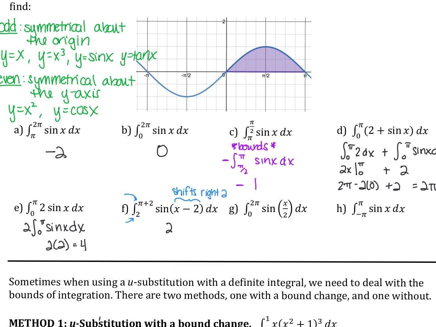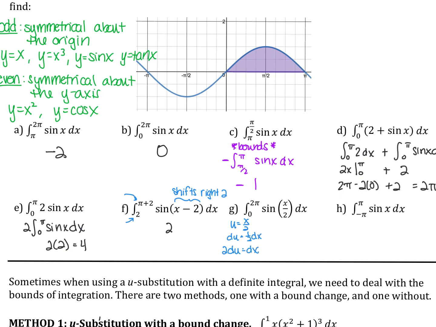Okay, this next one, G. What did you do with G? If we look at G, the problem is this is not sine of x anymore. This has that pi over 2. So I'm going to use a u substitution, and I'm going to let u equal x over 2, which means du equals 1/2 dx, which means 2 du equals dx.